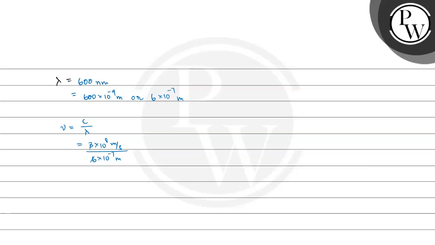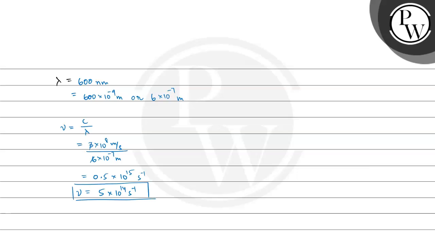So 3 by 6 is 0.5. So this is 0.5 multiplied by 10 raised to the power 8 minus minus 7, that means 10 raised to the power 8 plus 7, that is 15. This is second inverse. So we can write it like this: 5 multiplied by 10 to the power 14 second inverse. So ये है उसकी frequency.